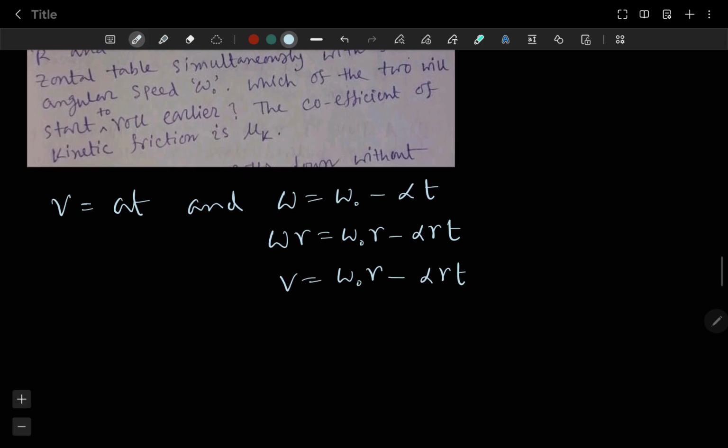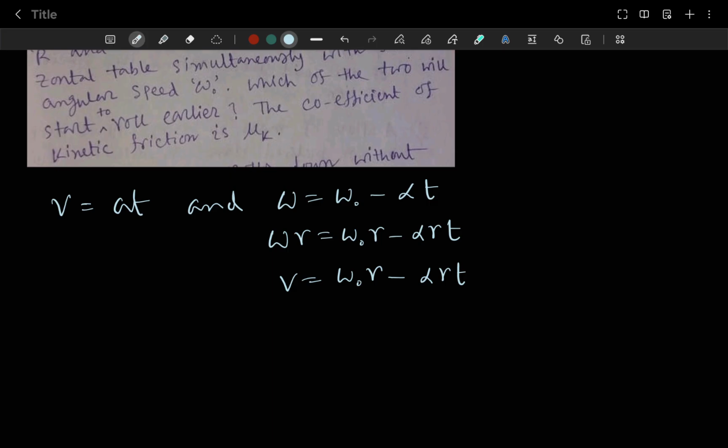Okay. Now, when pure rolling starts, V equals omega r. Alright. Now, first we have to calculate V, then we can calculate t.